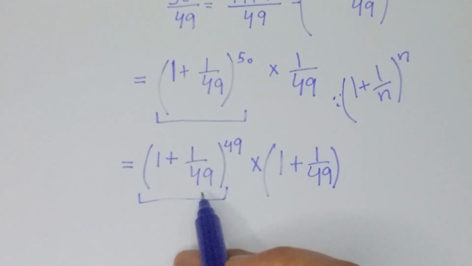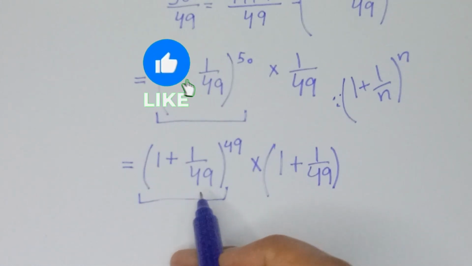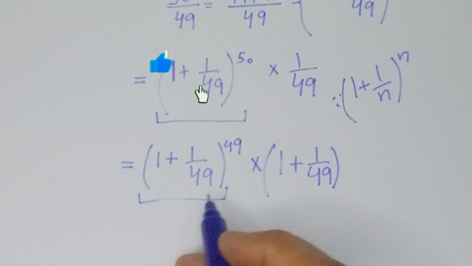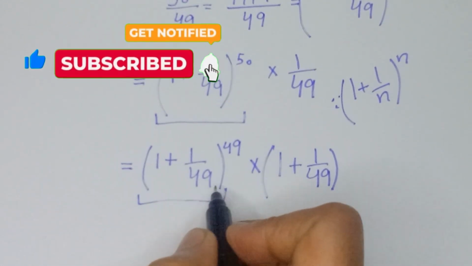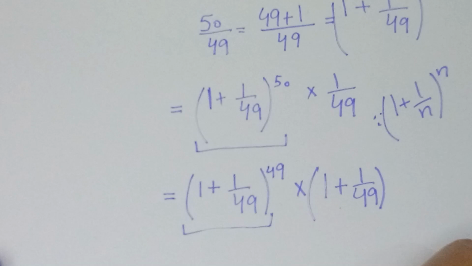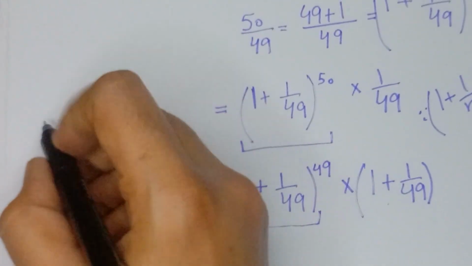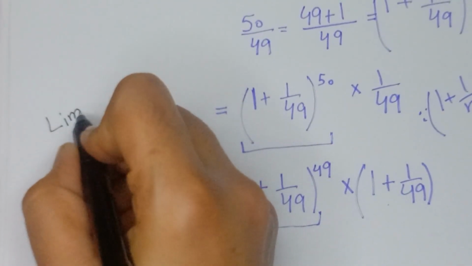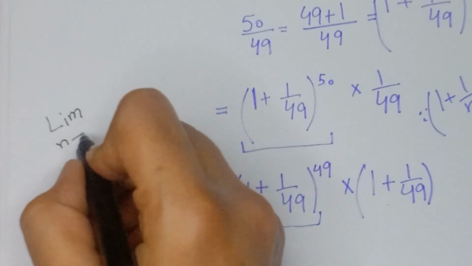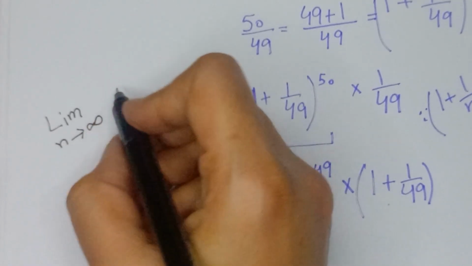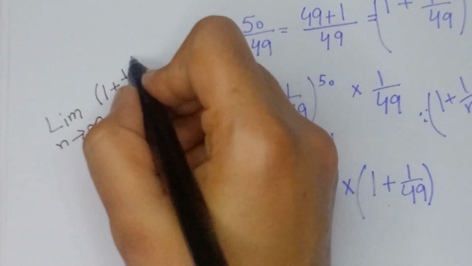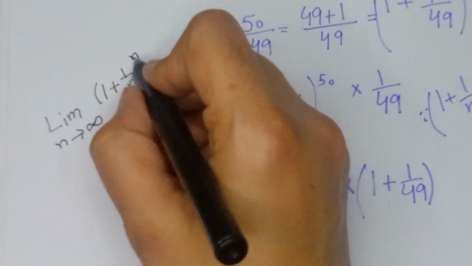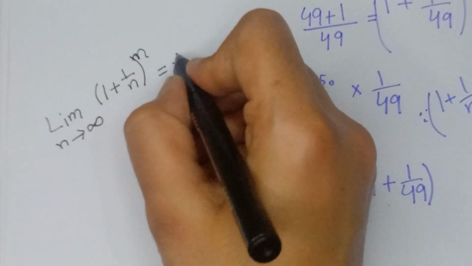I don't know if you have heard about Euler's number e. That is actually the definition of Euler's number. I'm going to write it down here for you. The limit as n tends to infinity of 1 plus 1 upon n, whole to the power of n, is equal to e.